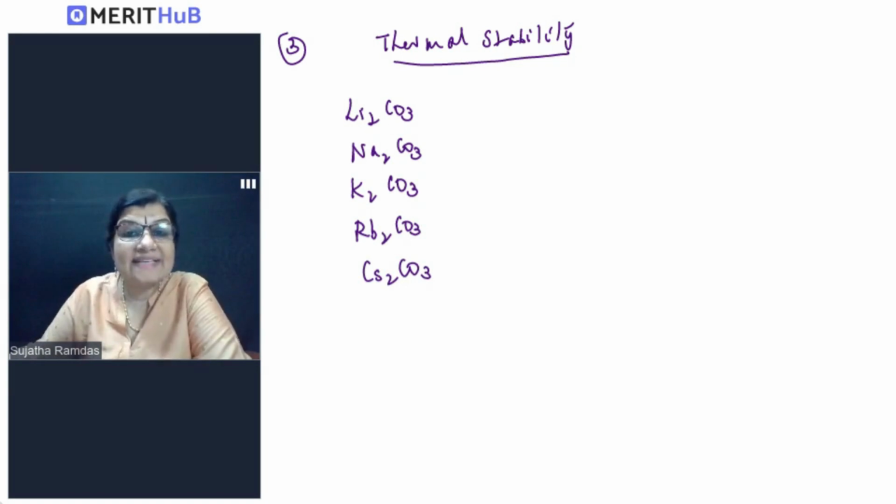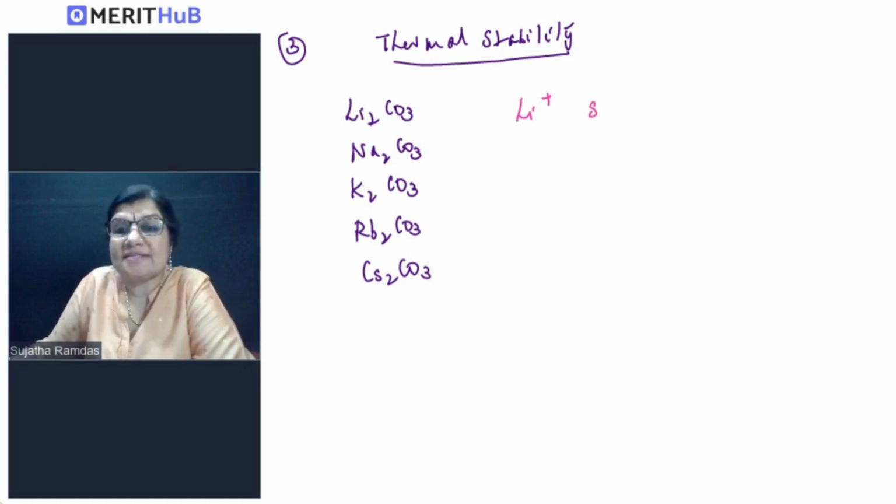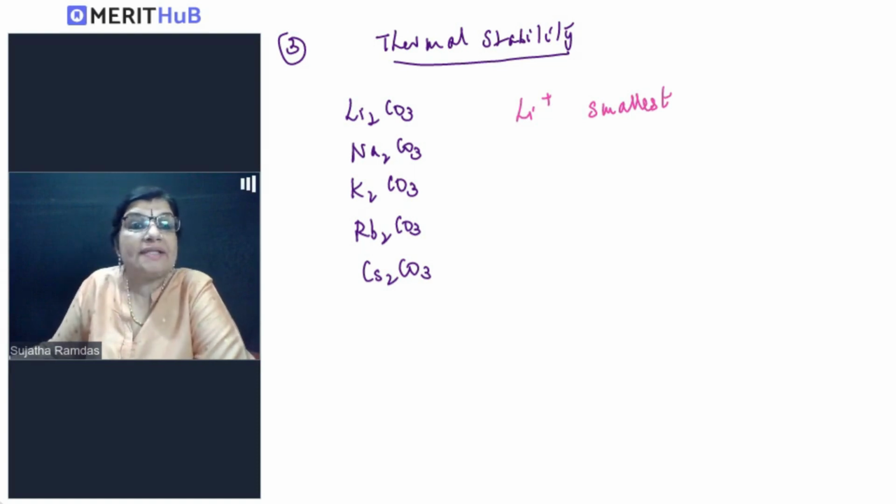Amongst these carbonates, lithium ion is the smallest. So here again it depends upon the size. Because of the small size of the lithium ion, there is a significantly high covalent character in lithium carbonate.